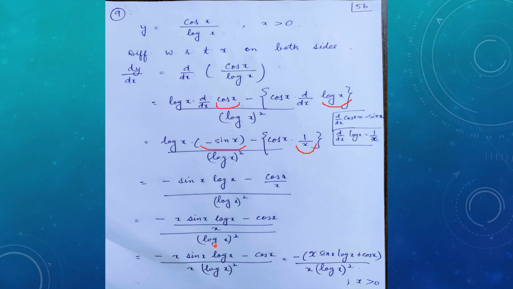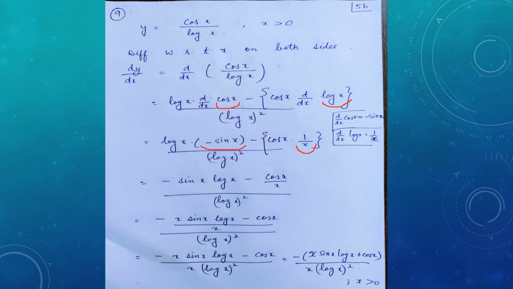So this x will be multiplied by log of x whole square. You will get minus sin x log x minus cos x, whole upon x into log x whole square. Right? You can take minus as common in the numerator. You will get minus, bracket starts, x sin x log x plus cos x, whole upon x log x whole square, where x is greater than 0.